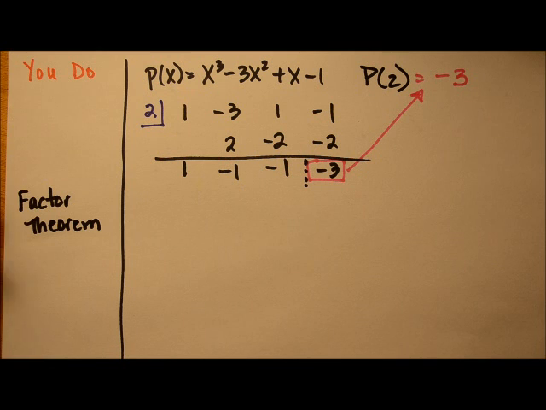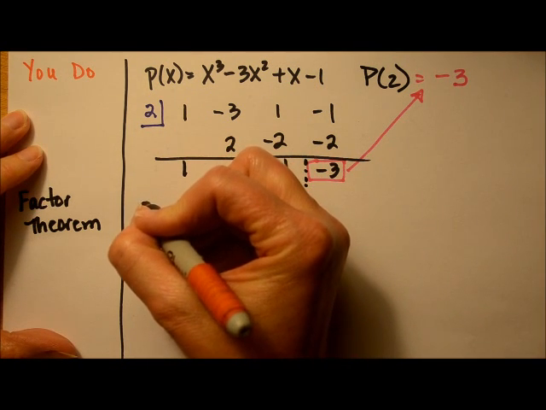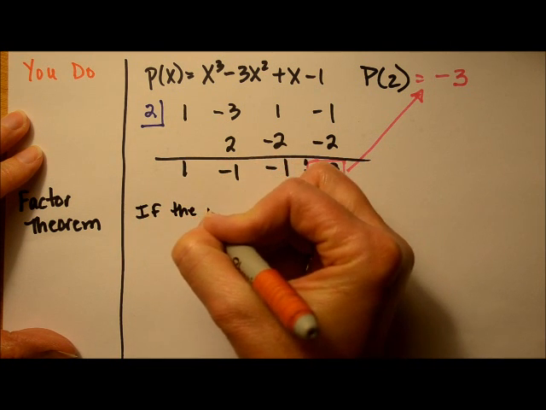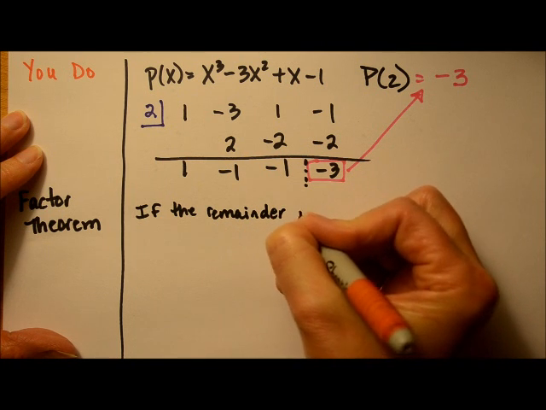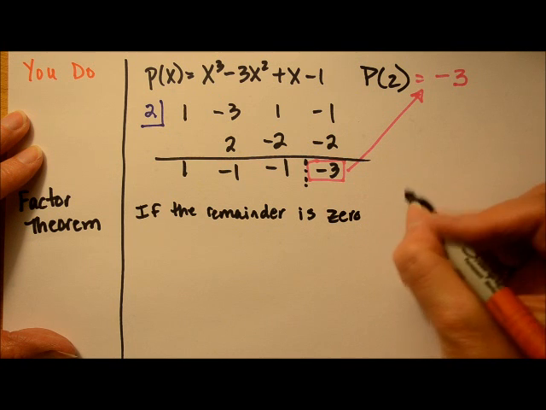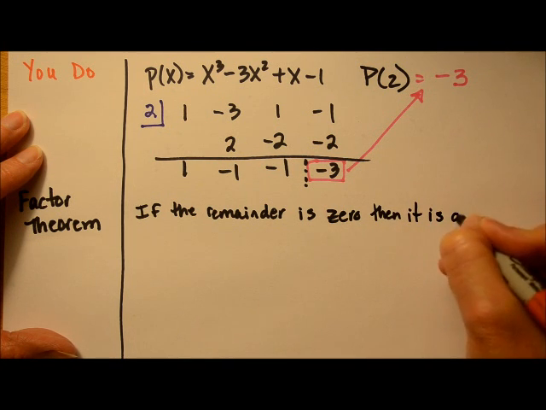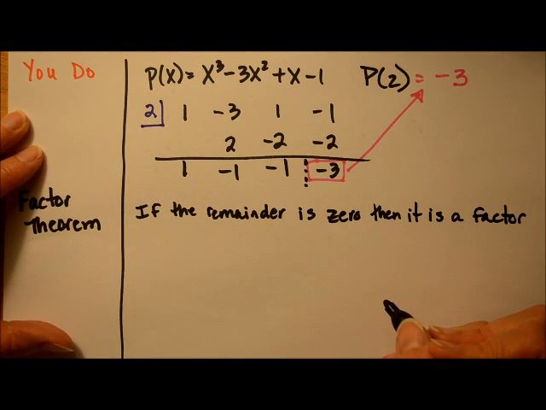The factor theorem says this, that if the remainder is 0, then it is a factor. Okay, well, how simple is that?